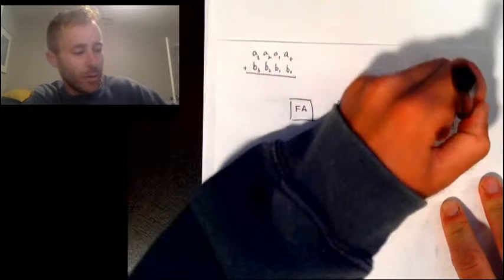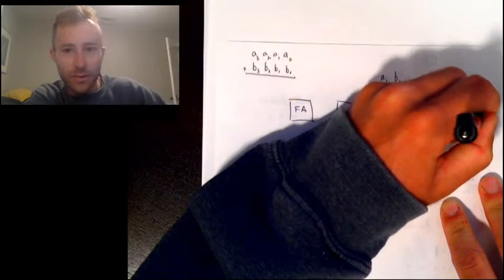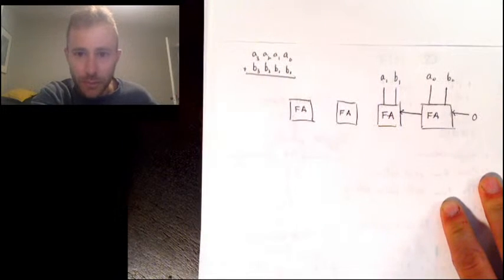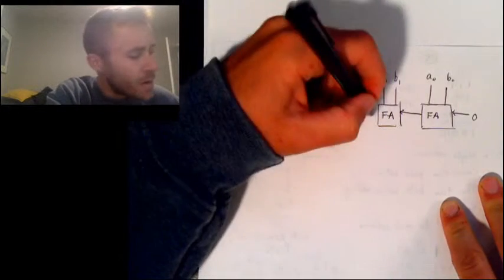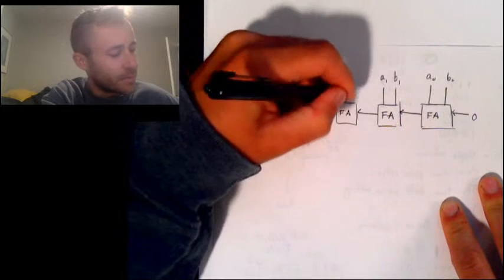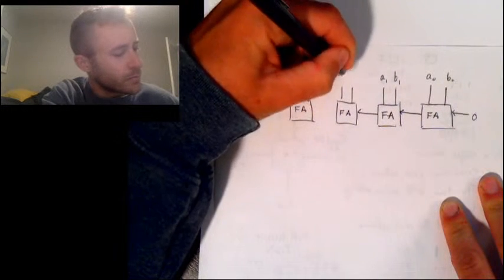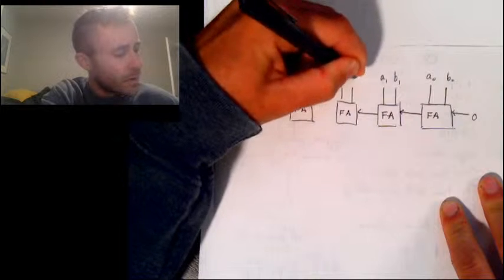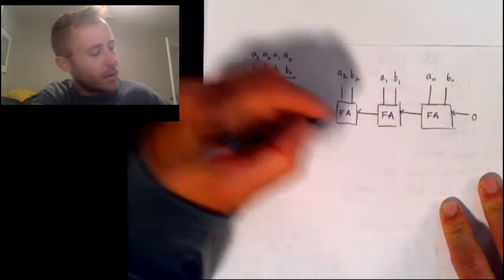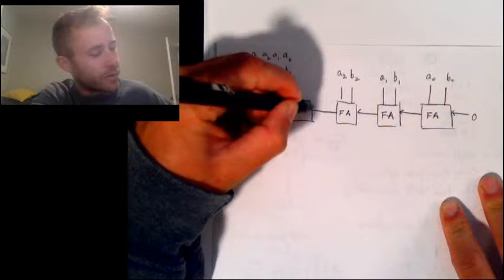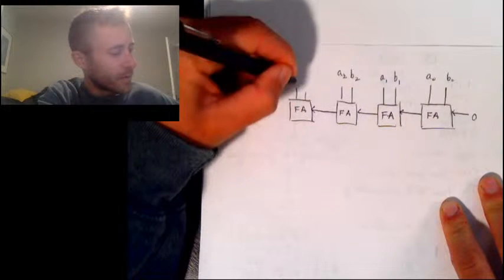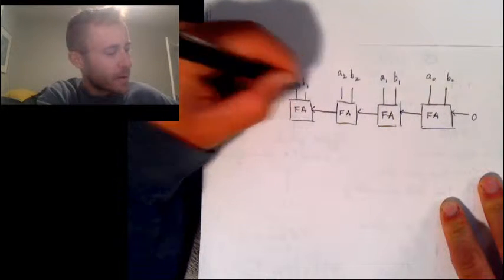By the way, the first full adder has basically a carry in of 0, so you'd feed 0 into that one. The carry out of this full adder goes into the next one, and the carry out of this one goes into the last full adder.